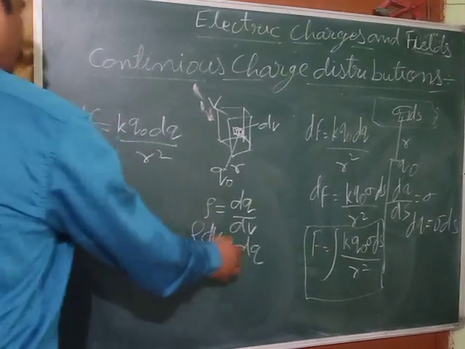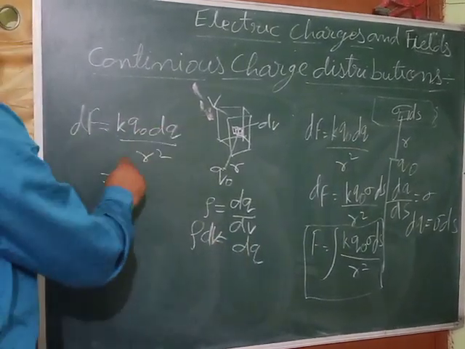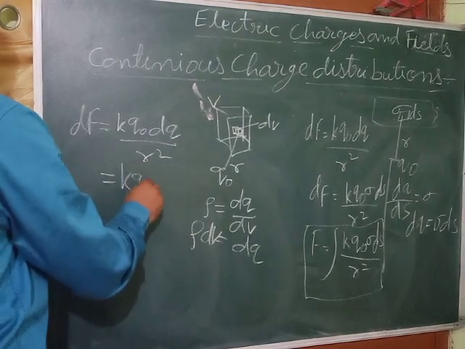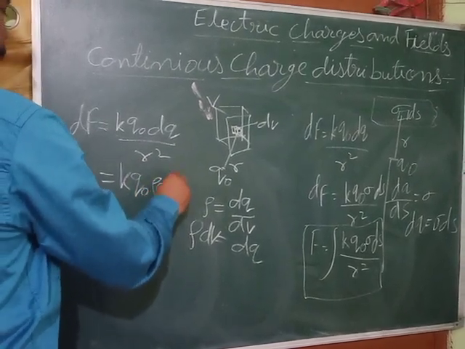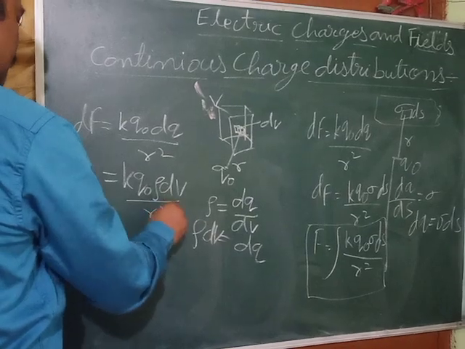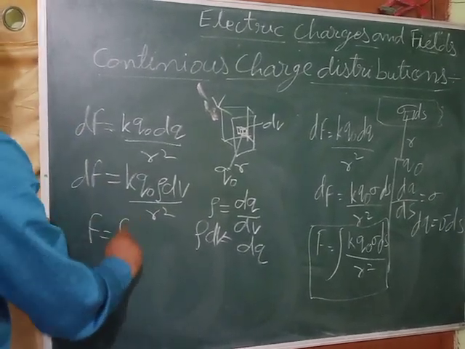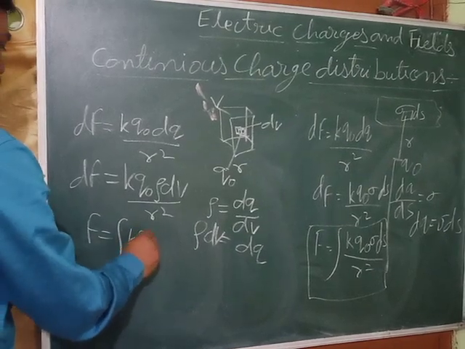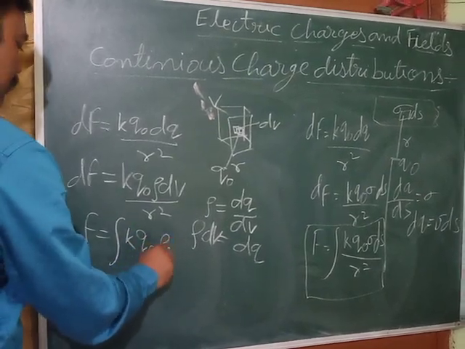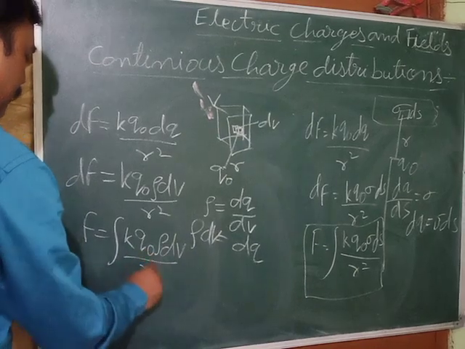This value of dq I can put here. We get K q naught rho dv upon r square, that is our df. In order to find the net force, we need to integrate K q naught rho dv upon r square.